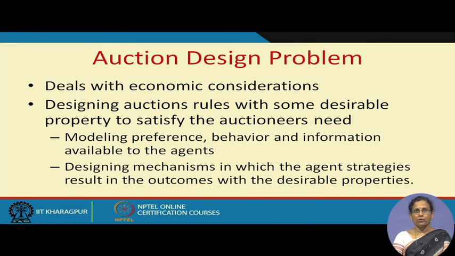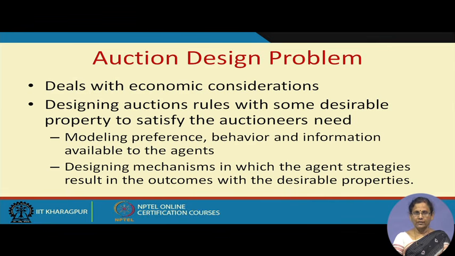So, when we talk about the auction design problem, first of all let me tell you, it is a strategic level problem. By strategic level we mean, here a decision has to be made on what kind of auction is to be conducted and what should be the general rules for conducting that auction.